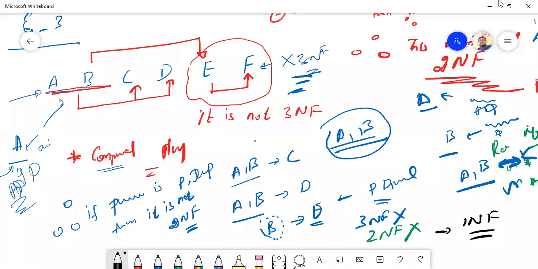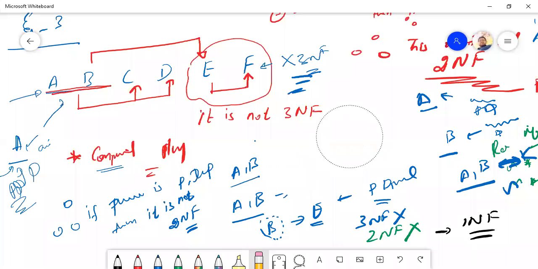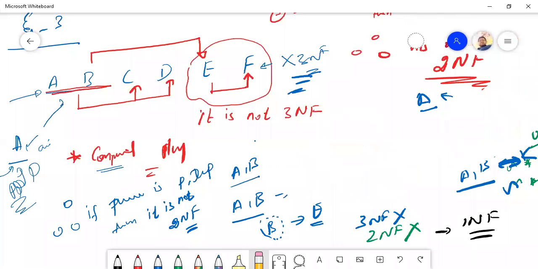Our main case is that other attributes somehow need to depend on the primary key.